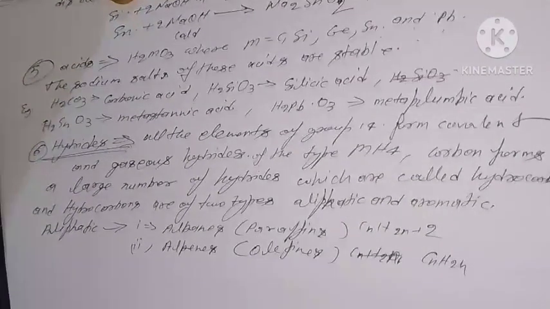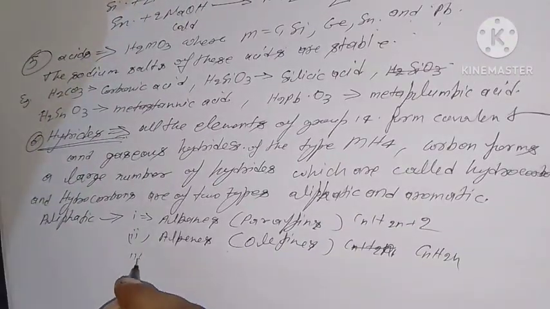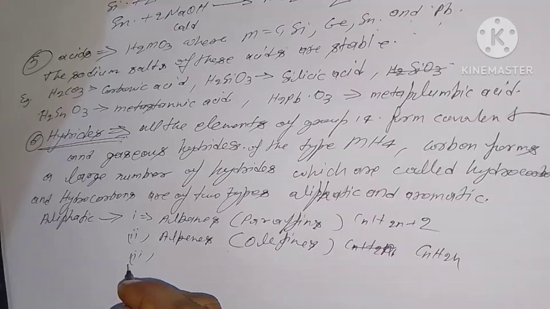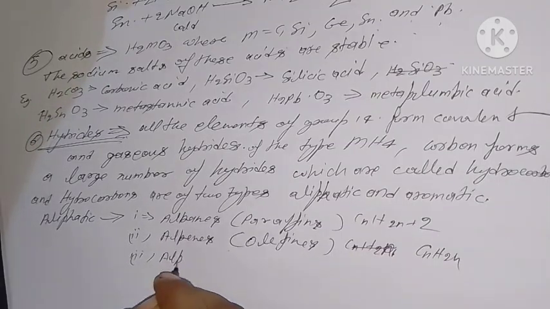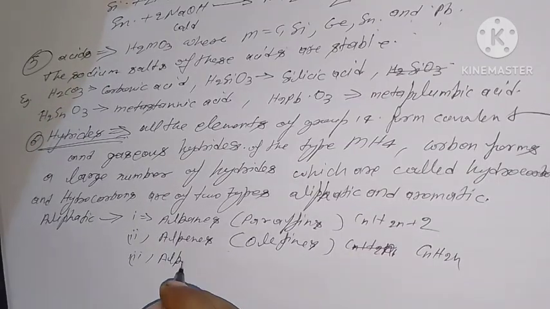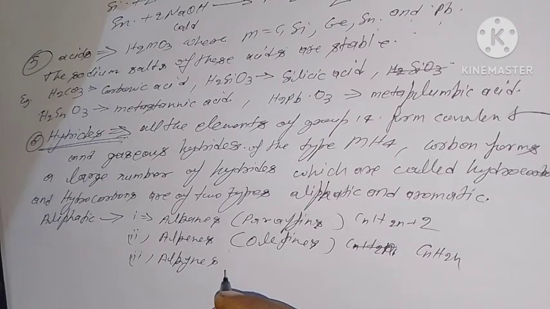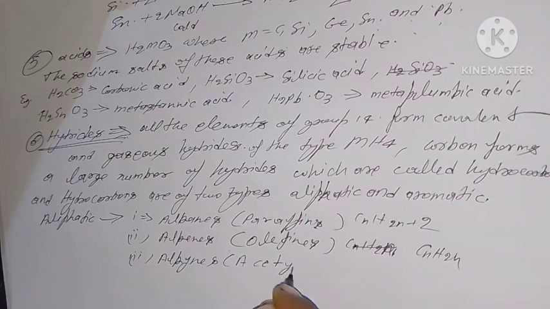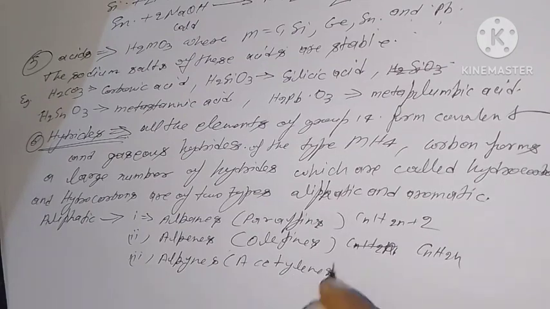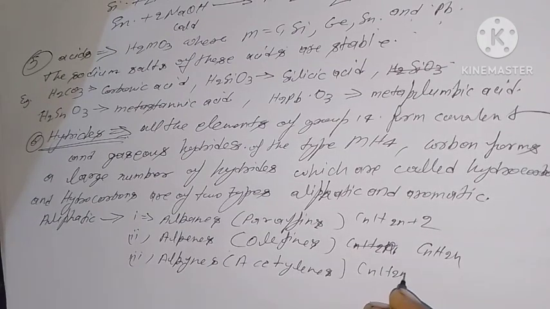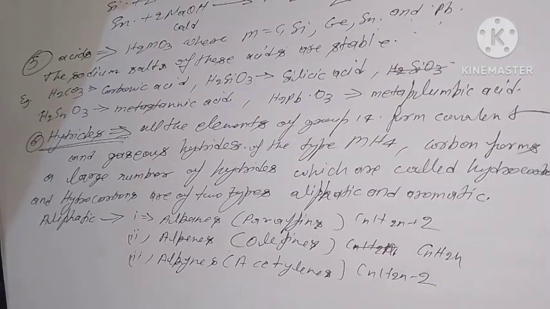And third is alkynes, that is known as acetylenes, with formula CnH2n-2.